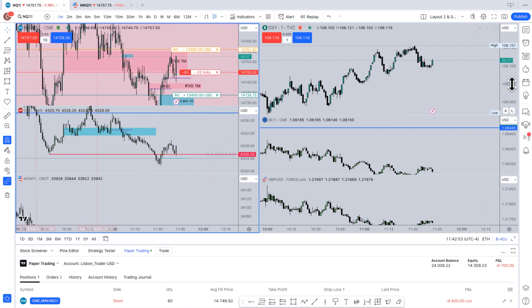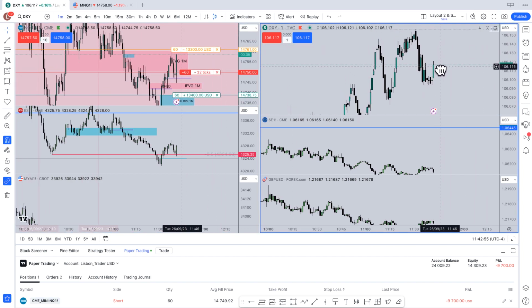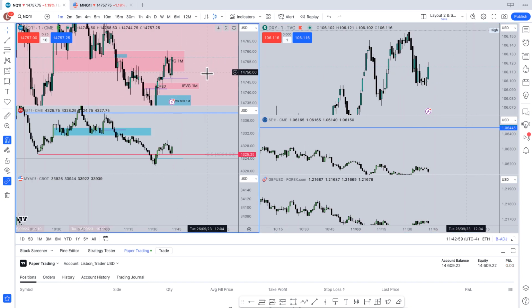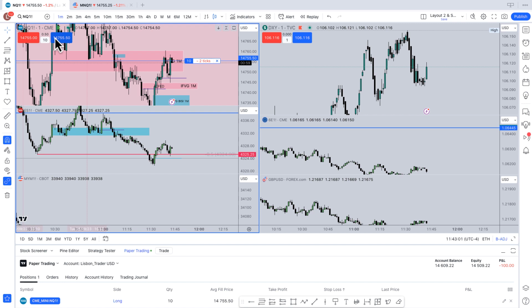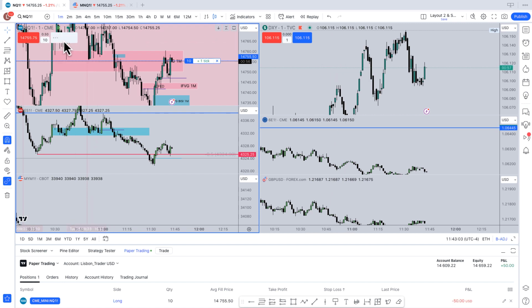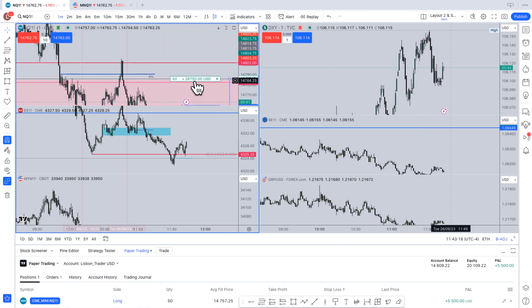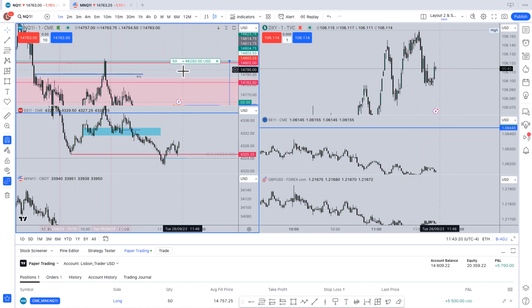So we have the XY rejecting at this order block, then we are seeing NQ just pushing higher, returning to the fair value gap, and wants to just skyrocket to get the buy side before lunch.